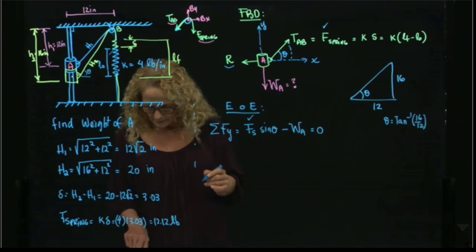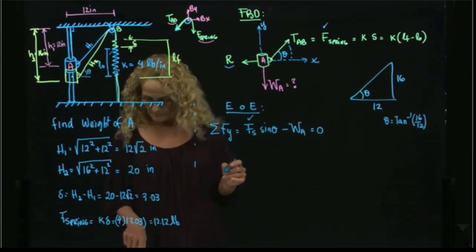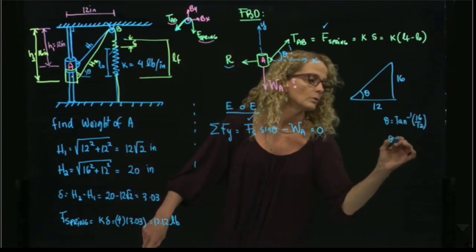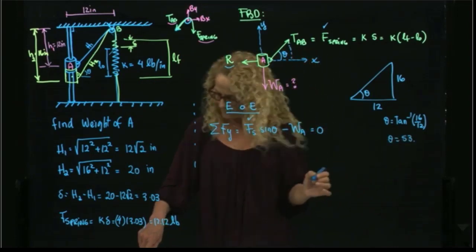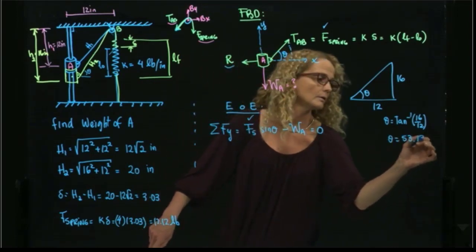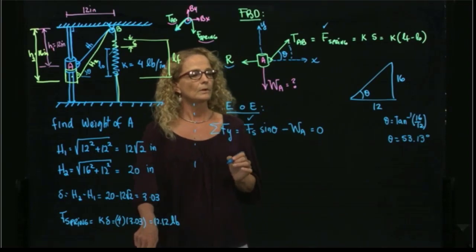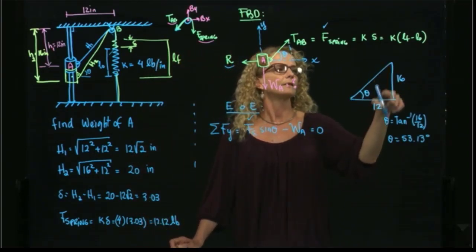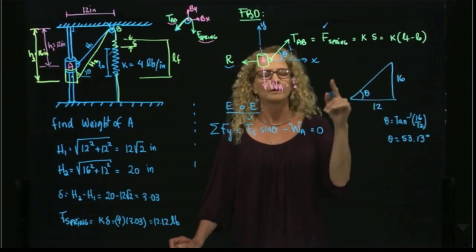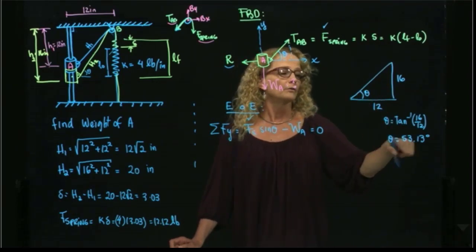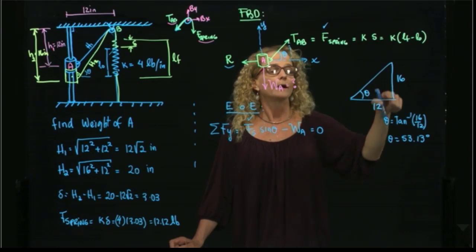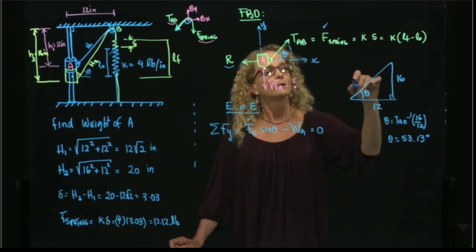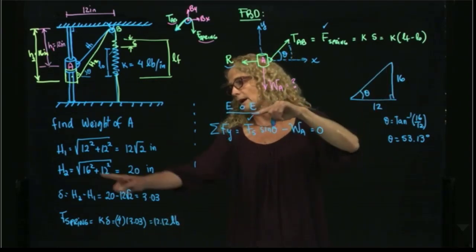And I have that angle over here, and this is equal to 53.13 degrees. I could also use my sine as 16 over the hypotenuse. As I said, you can use either finding the angle or finding it in the geometry. The H2 is 20.